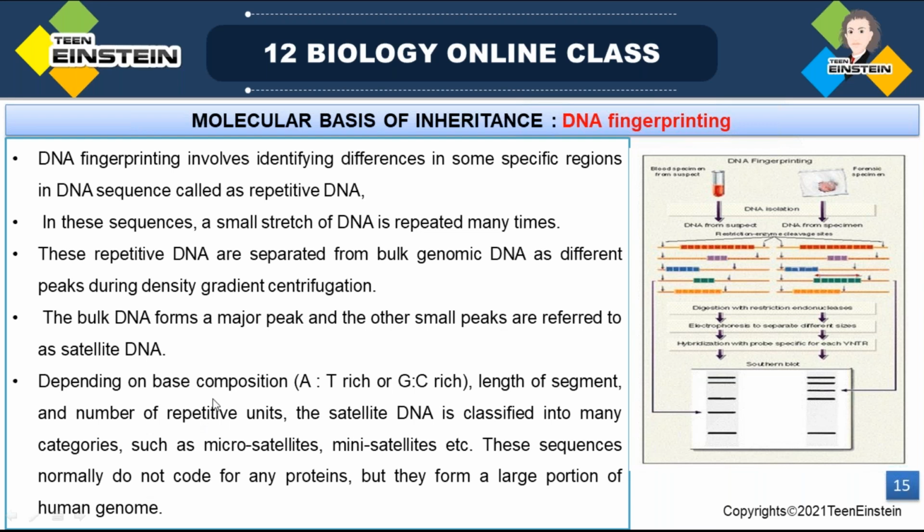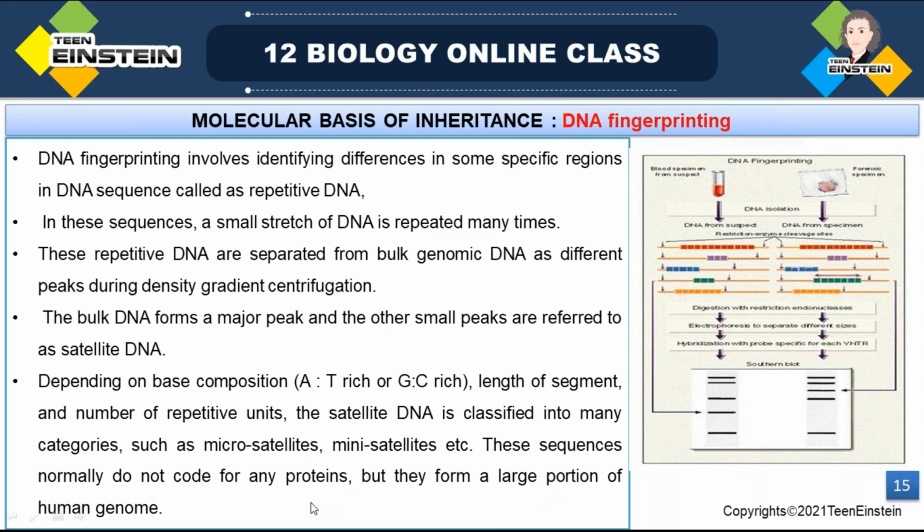Based on the base composition, whether AT rich or GC rich, the length of the segment, and the number of repetitive units, the satellite DNA is classified into many categories like microsatellite, minisatellite and so on.